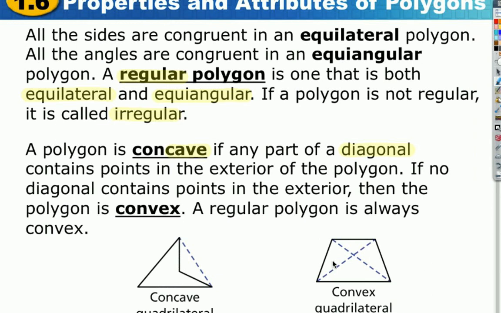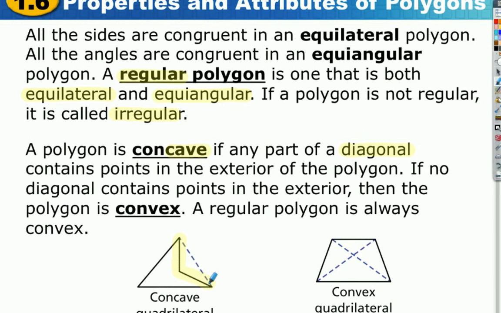And not a cave as in a place where a bear hibernates, a cave as in something caving in. For example, a ceiling caving in would mean that the ceiling was coming in like this. So I see this as a ceiling caving in. And since it's caving in, that's concave.